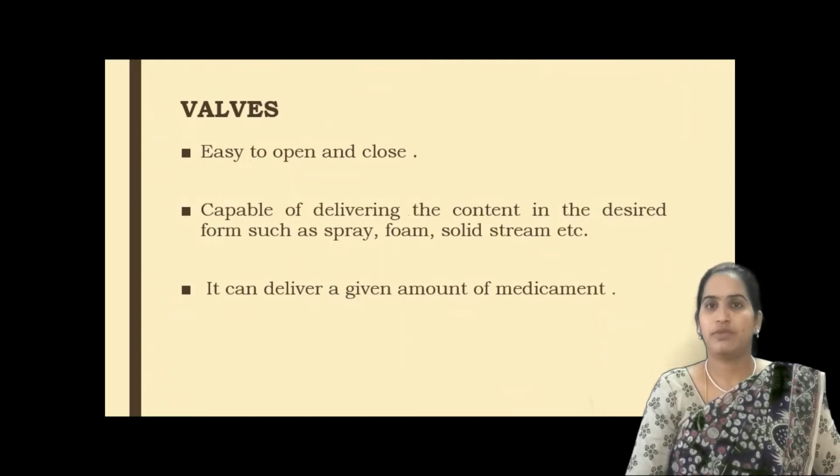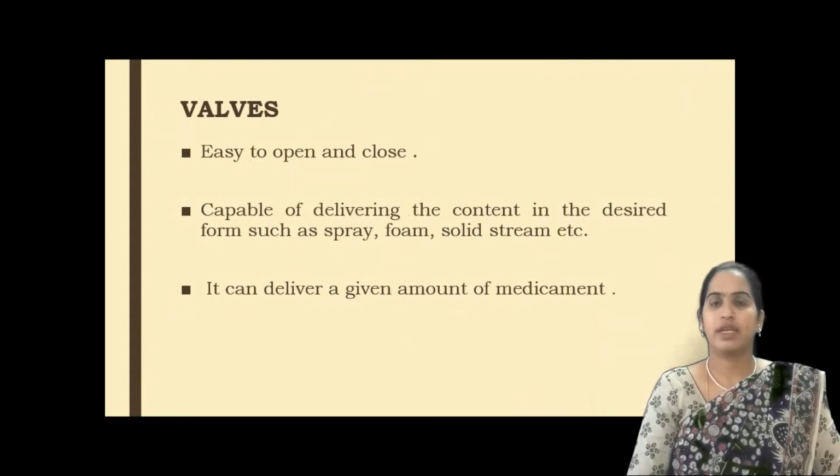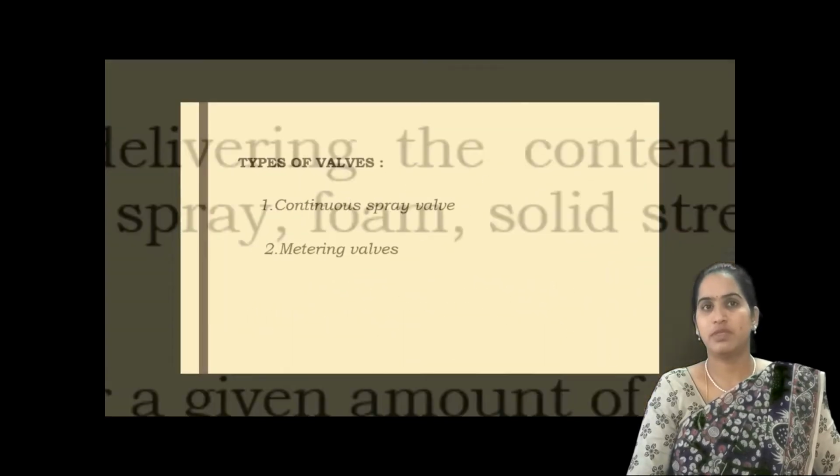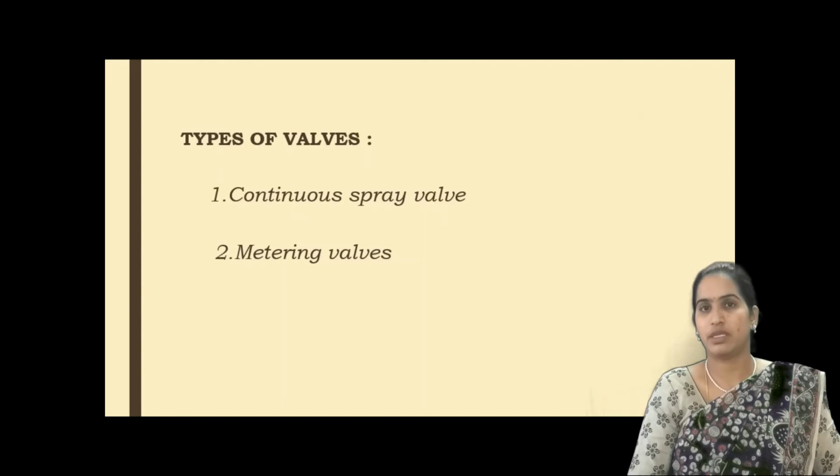So in the desired form, the product can be delivered from the container by using the desired valves, and it can deliver a given amount of medicament. By using special valves like metering valves, we can deliver the required amount of drug from the container. These valves are also of two types: continuous spray valve and metering valves.